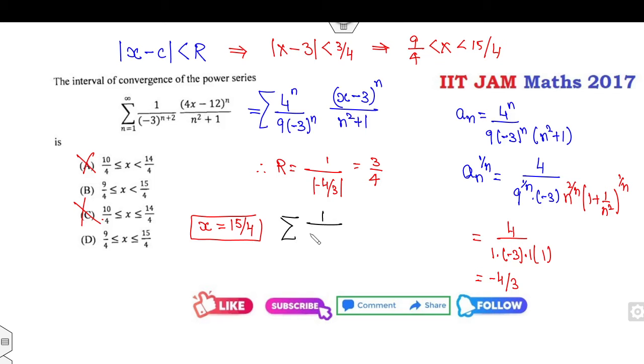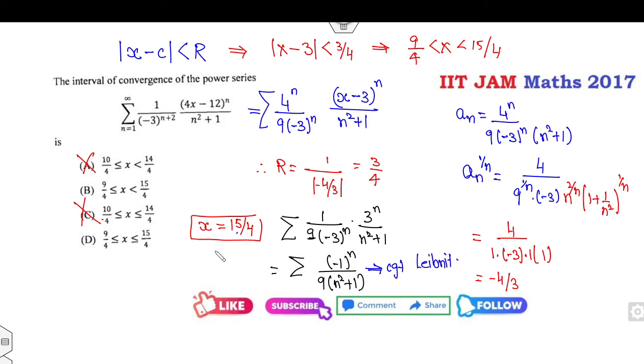That is the same problem. This is 9 minus 3 raised to power n, 3 raised to power n over n square plus 1. So this will give you minus 1 raised to power n over 9 n square plus 1. So clearly this series is convergent by using the Leibniz test. So therefore equality is convergent. Yes, D option is right, B option is cancelled out. Fine. This is the first method.